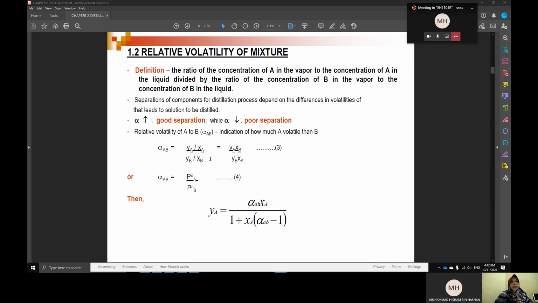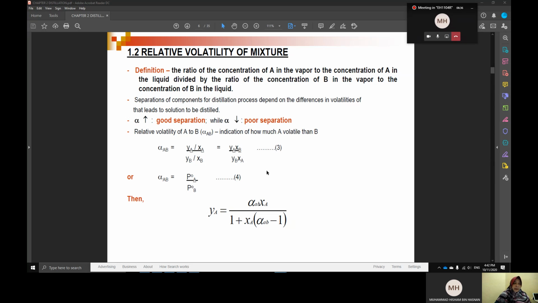Bear in mind that the symbol Y here represents vapor, the concentration of A in vapor form, and X represents concentration in liquid form. So if you can get these four concentration values, you can get your alpha, which is the relative volatility of mixture A and B.